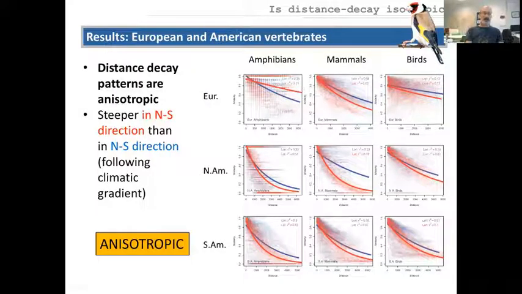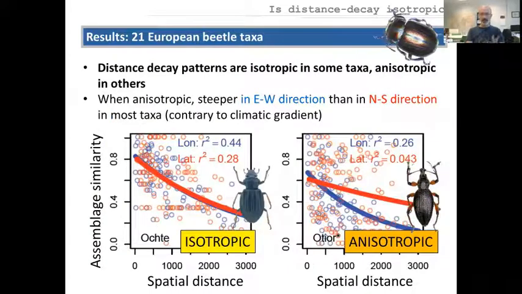And what happens in beetles? Beetles, of course, are very important, not only because I love them, but because they are a huge fraction of biodiversity. In beetles, I'm showing here only a couple of examples. I will show the 21 different taxa later.